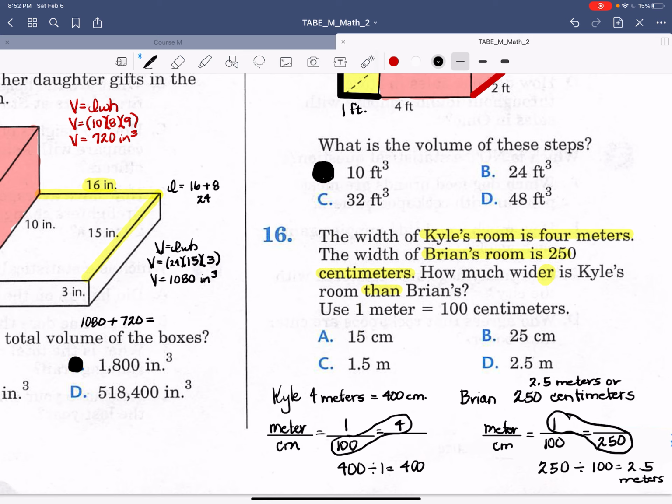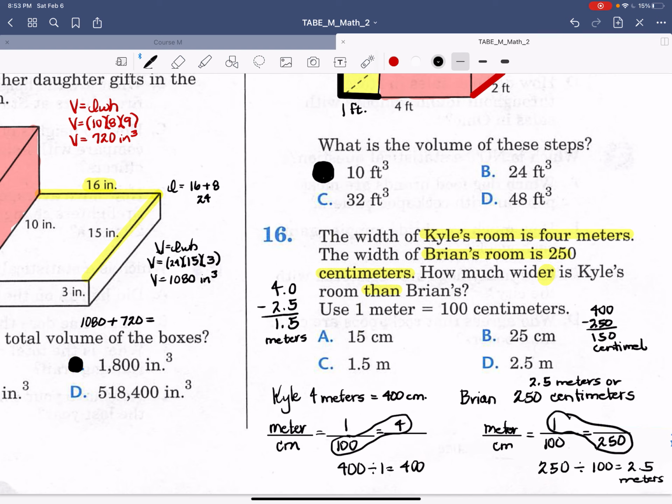So if you do it in terms of meters, you have 4 minus 2.5. Use your calculator if you need it. But that's 1.5 meters distance. If you do it in terms of centimeters, you've got 400 minus 250, and that is 150 centimeters.